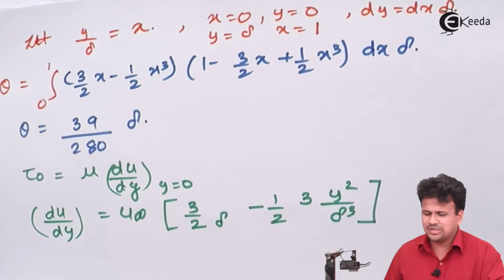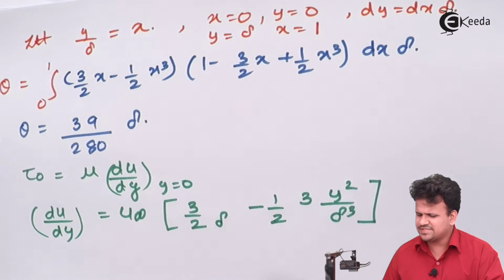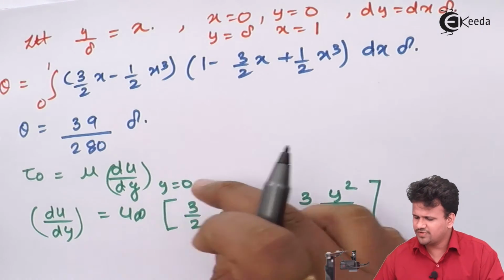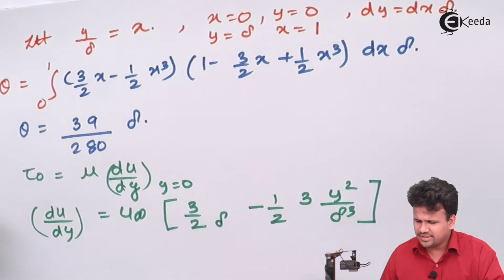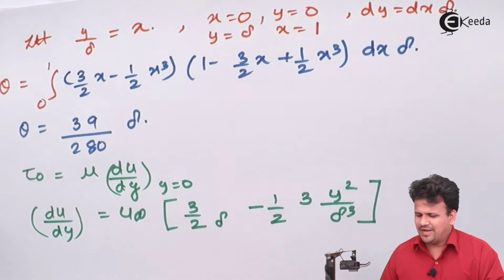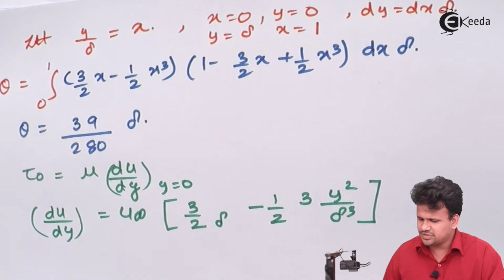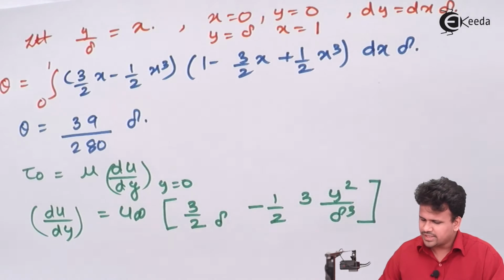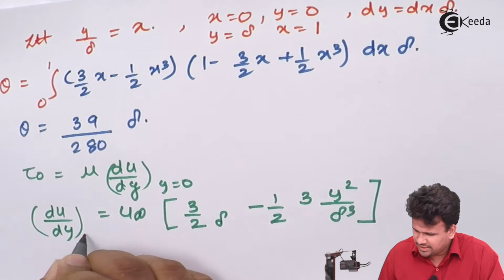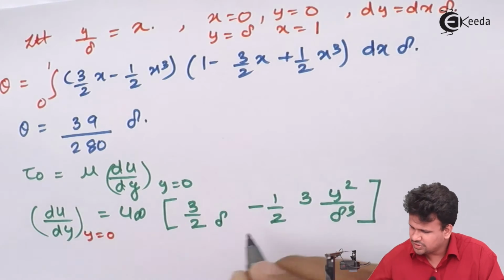We have already calculated this in the previous section, but now we'll just substitute these values and evaluate the answer. But over here we need it at y equal to 0.